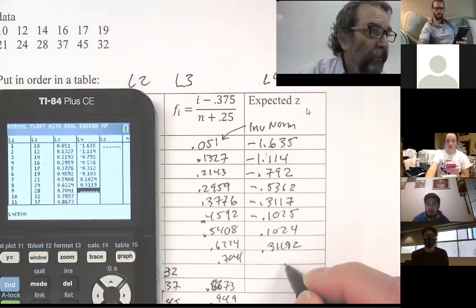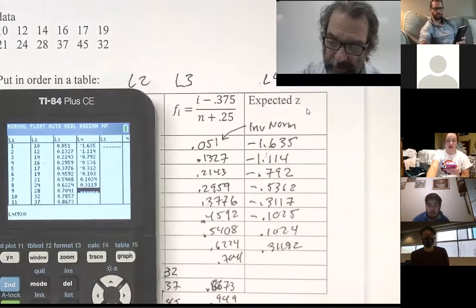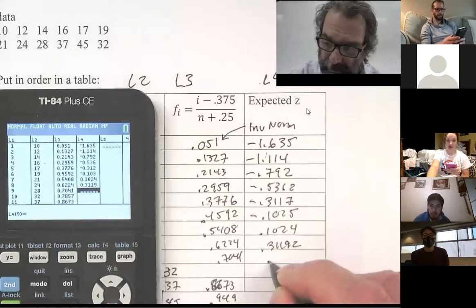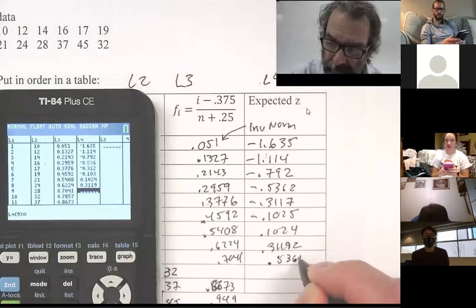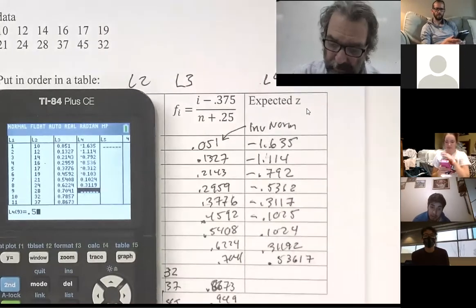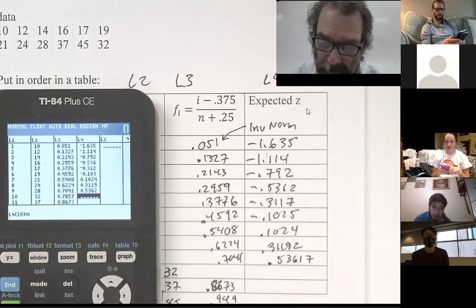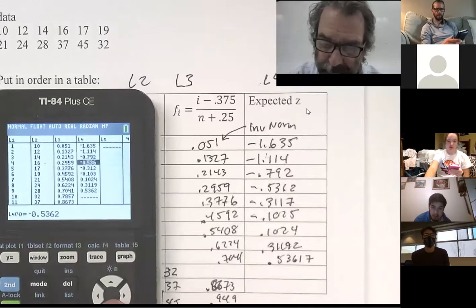Uh-oh, ran out of help. I got 0.53617. Okay, there's just a few left. For the next one, I got 0.79162.